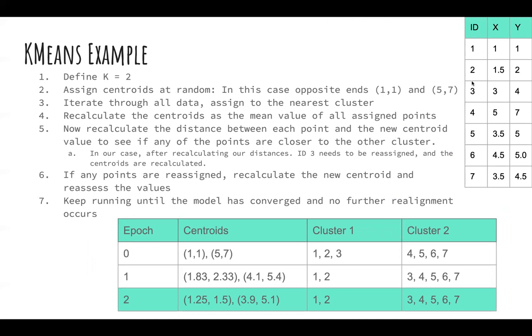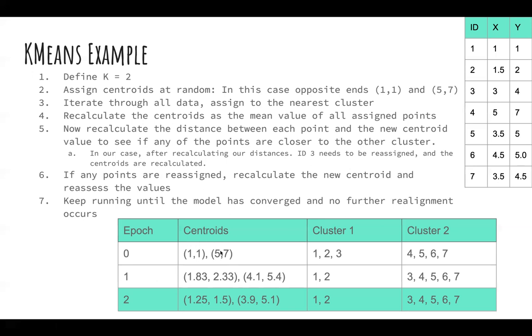In this corner, we have 7 data points with associated X and Y values. For this example, we're going to start by putting our centroids at opposite extremes. Our centroid values are going to be at 1, 1 and 5, 7. Then we go through each data point and assign it to a cluster based on whatever is nearest.